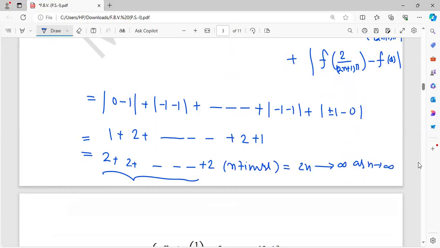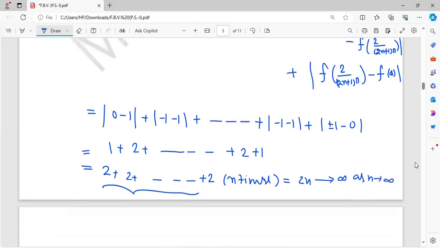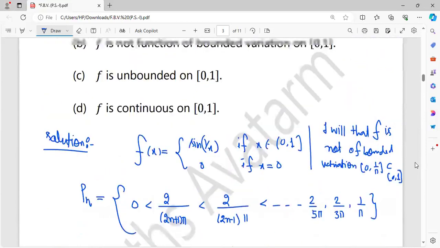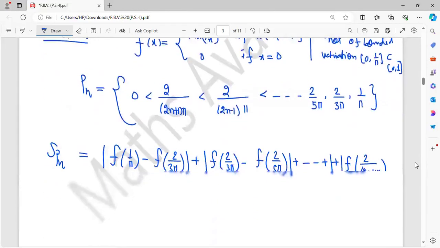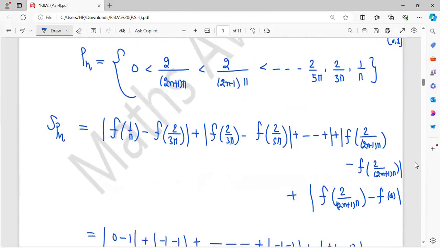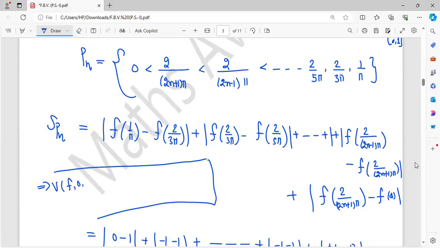So this implies 1 upon x is not a function of bounded variation, because it is tending to infinity. This implies the variation of f on 0 to 1 upon pi tends to infinity.